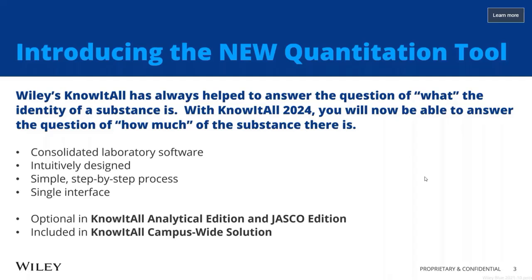That means that you don't have to deal with fractured software and processes within your lab. It's intuitively designed with a simple step-by-step process in a single interface. So quantitation is optional in KnowItAll Analytical Edition and JESCO Edition, and it's included in KnowItAll Campus-Wide Solution.